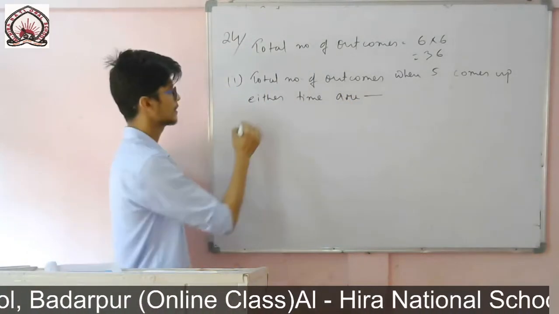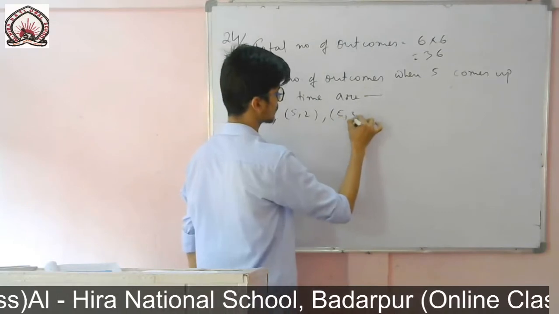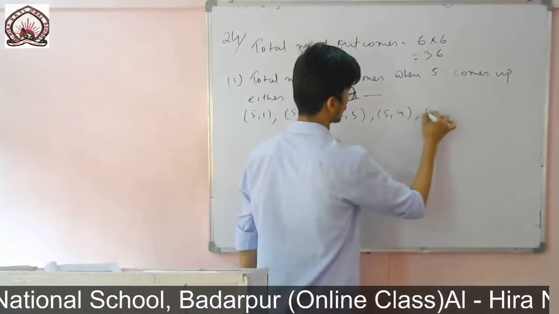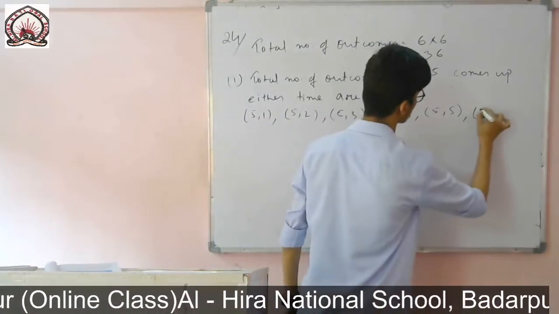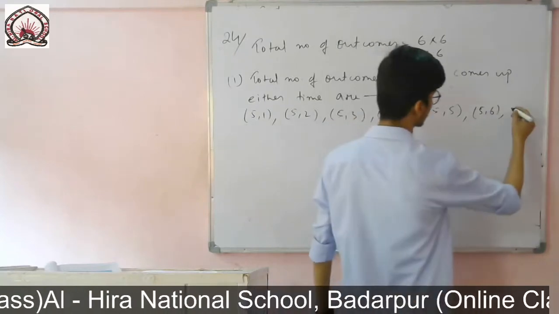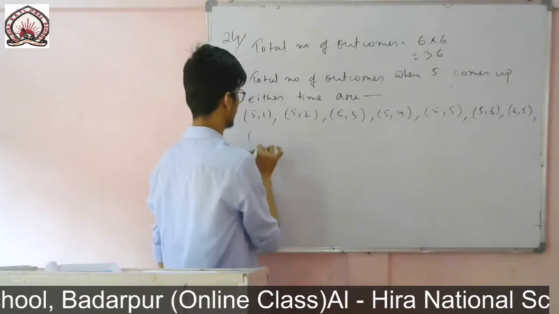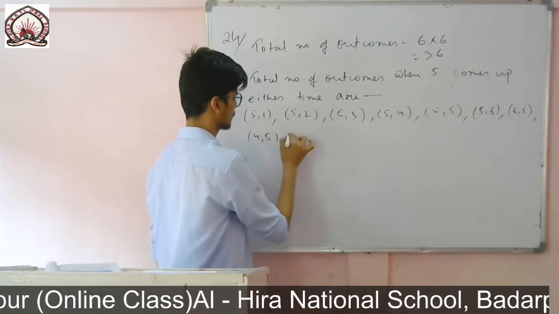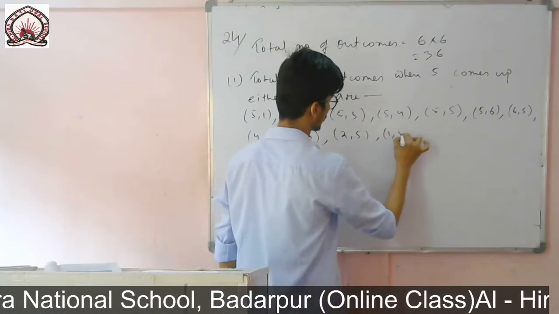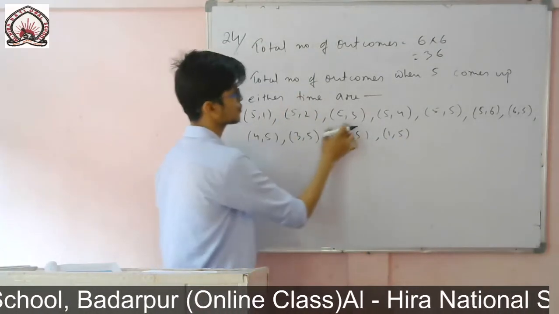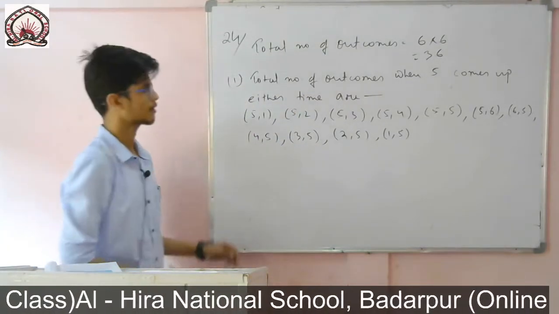I can easily find it. 1 will be 5 comma 1, then 5 comma 2, 5 comma 3, 5 comma 4, 5 comma 5, and 5 comma 6, then again 6 comma 5, then 4 comma 5, then 3 comma 5, then 2 comma 5 and 1 comma 5. So how many? 1 2 3 4 5 6 7 8 9 10 11. So these are the total number of favorable outcomes.